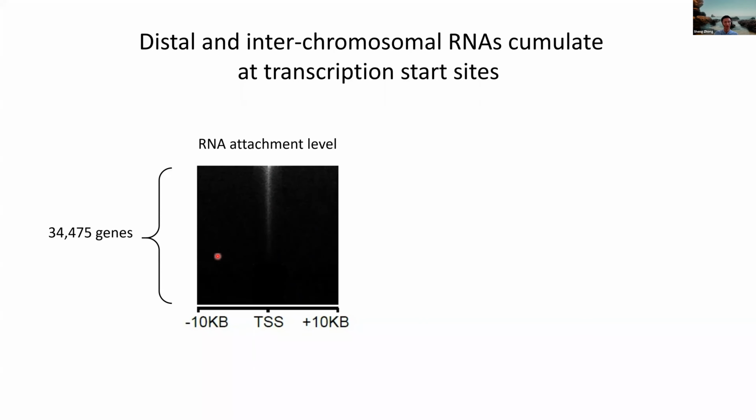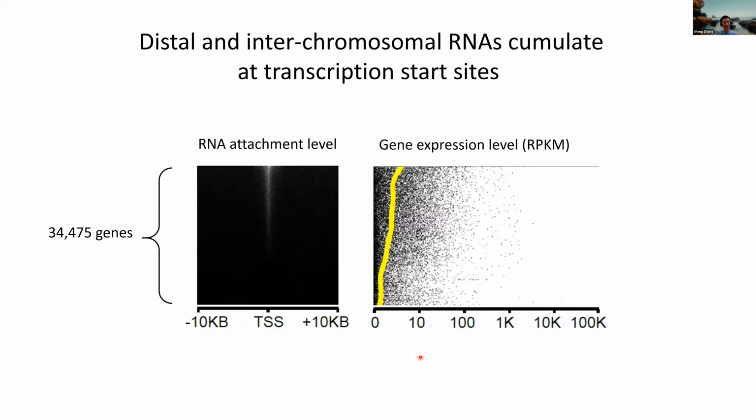Now we have ordered genes by the cumulative attachment level at the transcription start site. We could ask if this ordering actually orders the gene expression level of these genes. For that purpose, for every gene, every row, we plotted its gene expression level by RNA sequencing. So the expression level of every gene corresponds to a dot on the same row, and the x-axis represents the expression level of that gene.